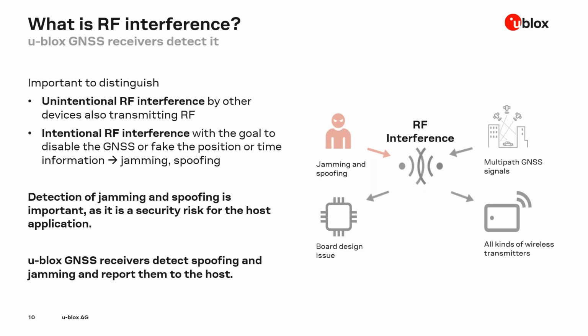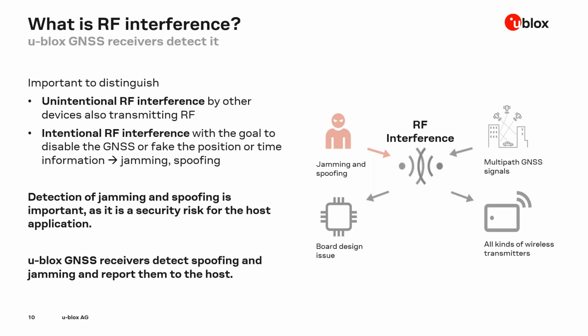And then there's a particular kind of RF interference, which is jamming. So this means that someone tries to disable the GNSS by sending a particular RF signal towards your device and with the intention to disable your function. There's also spoofing.